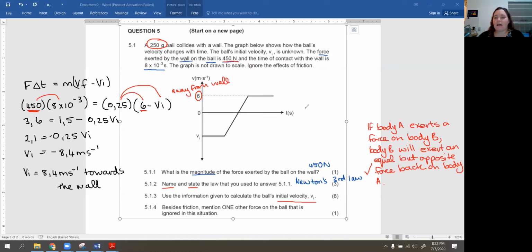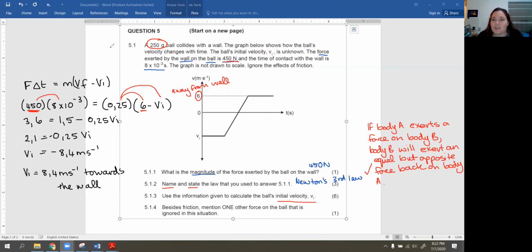Okay. And then the last question over here says, besides friction, mention one other force on the ball that is ignored in this situation. Can anyone think of a second force that acts on the ball that we haven't considered in this situation? Anyone? I'm sure somebody does know. There we go.